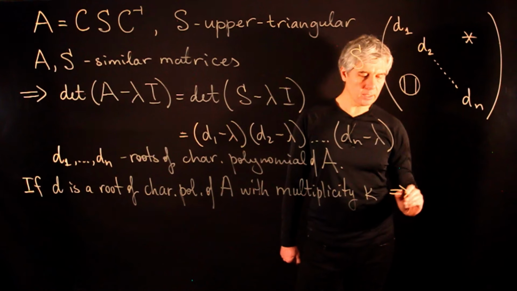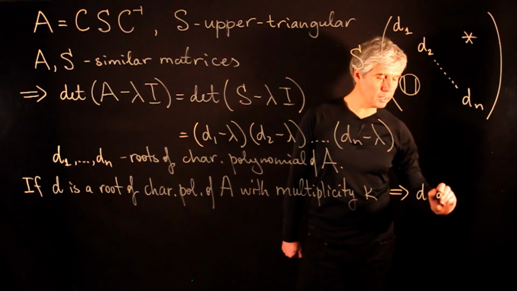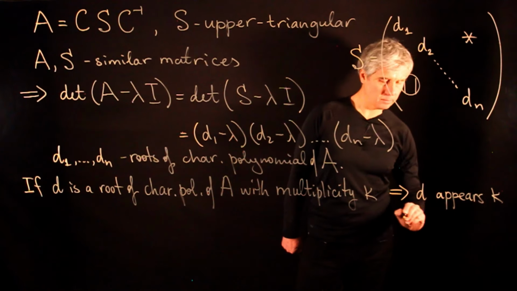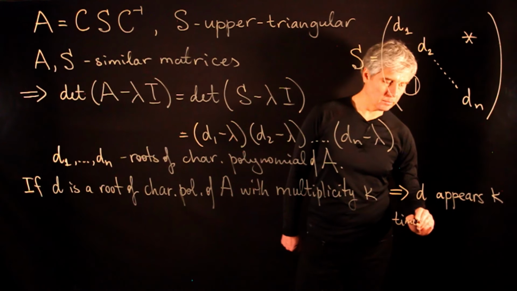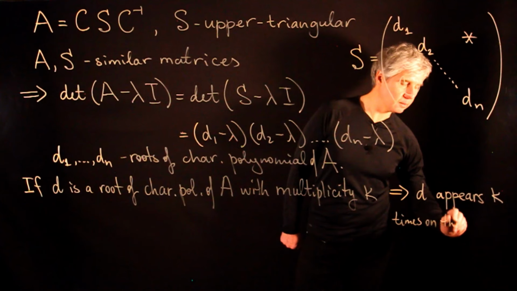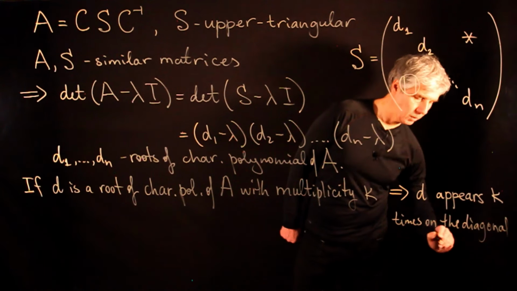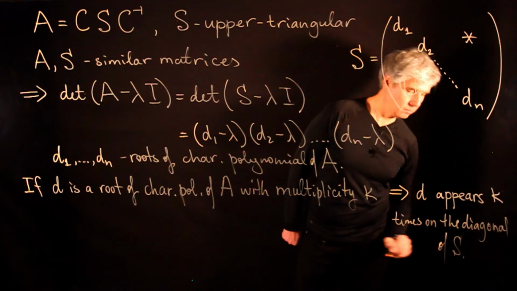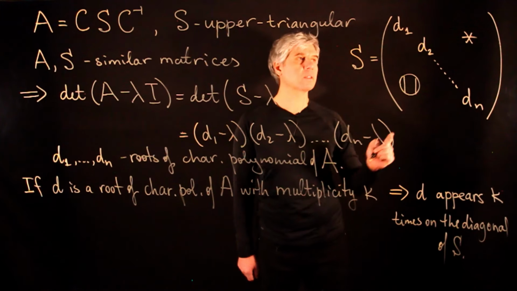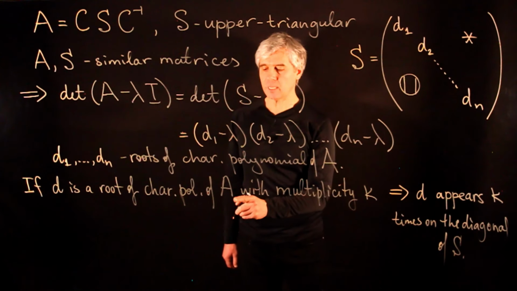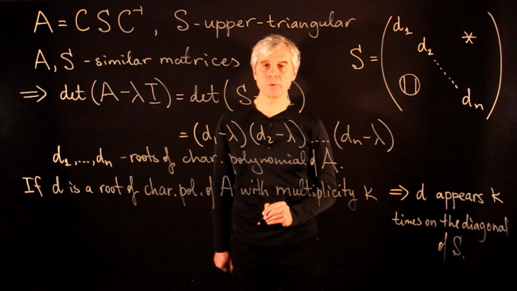And then this means that D will appear k times on the diagonal of S. So we see that the diagonal of the upper triangular matrix is completely determined by the characteristic polynomial of the matrix A.